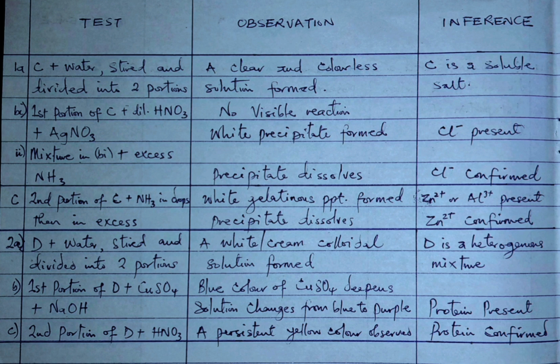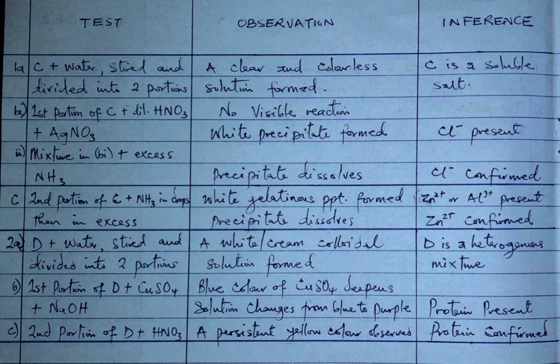Now, if you put D in water and you stir it, you will see a white or creamy solution with colloids inside. You see particles inside that do not want to dissolve, but they are uniformly spread in the solution, and the solution itself is creamy or white, some sort of milky color. So you observe that and write: a white or cream colloidal solution formed.